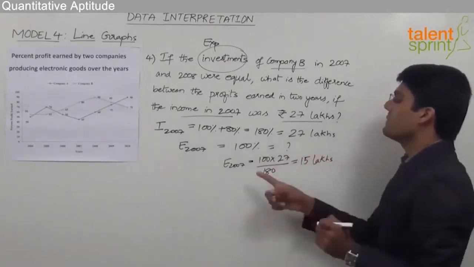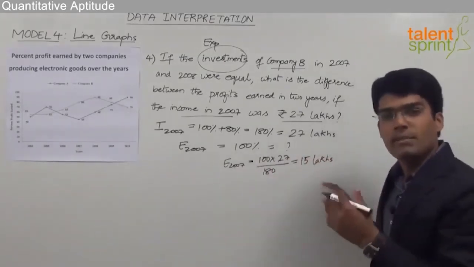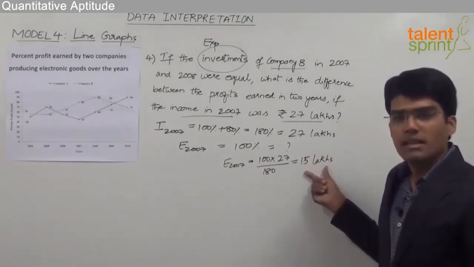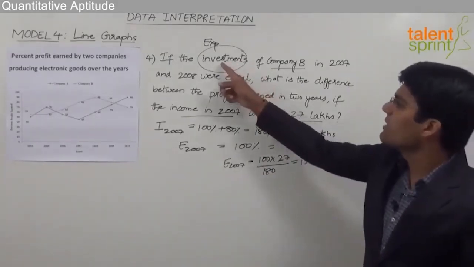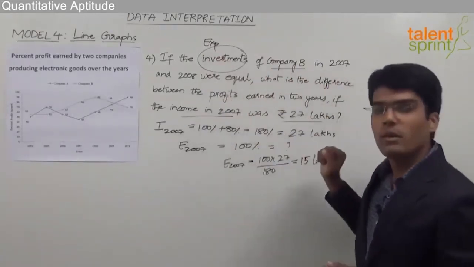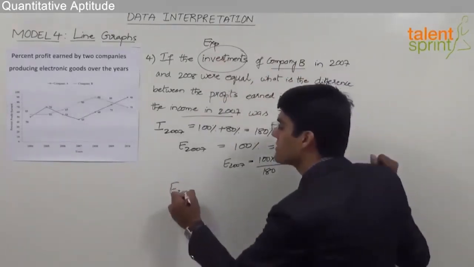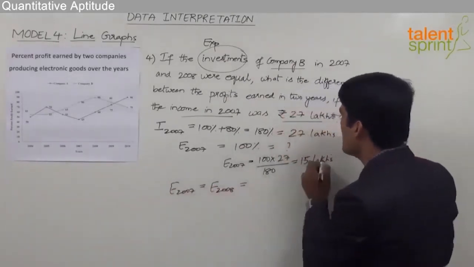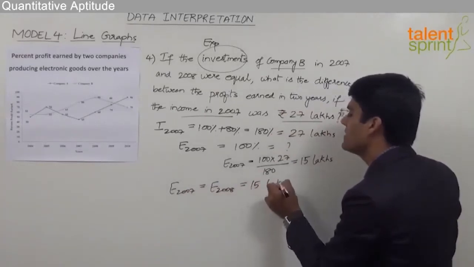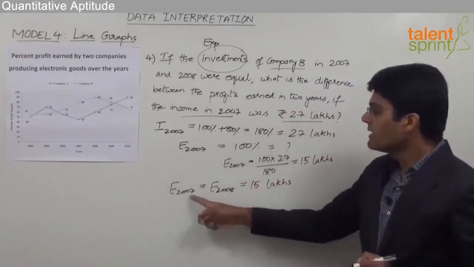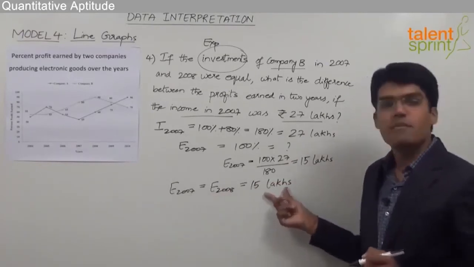Now also from the question we know that expenditure of company B in 2007 and 2008 were equal. That means expenditure in 2007 is equal to expenditure in 2008, and that should be equal to 15 lakhs.